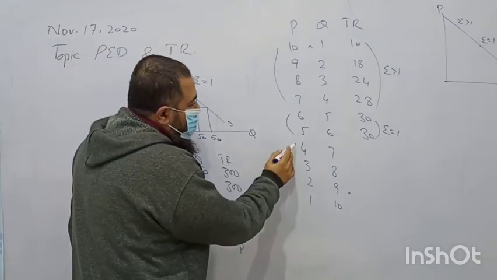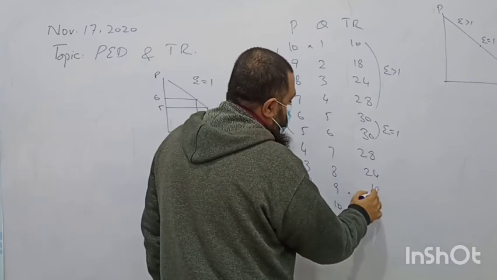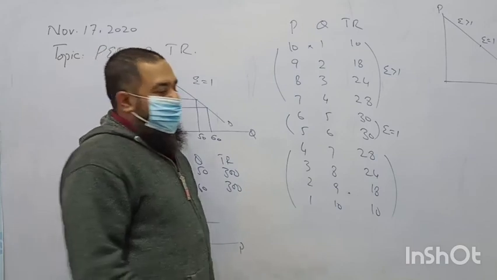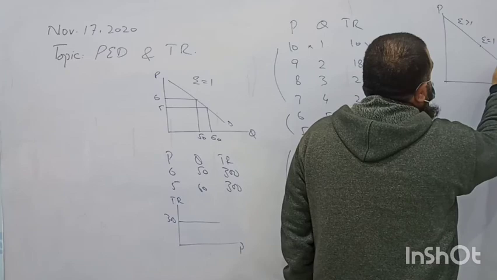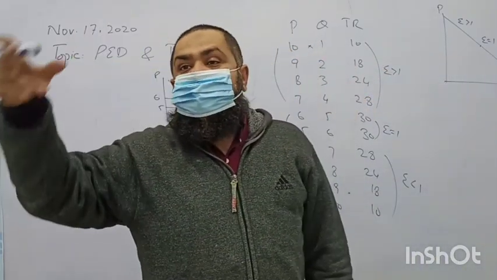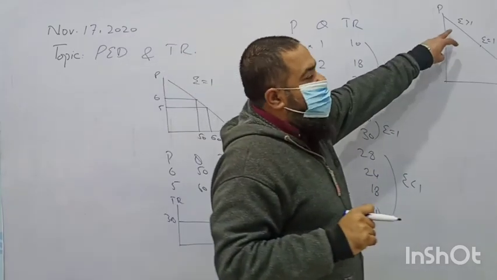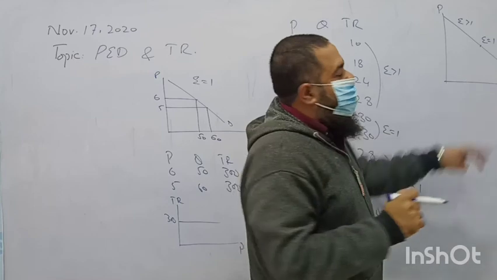And after this, as price is falling, you can say 28, 24, 18 and 10. Now revenue is decreasing. So it is the inelastic part of the demand. So one demand curve is having different values of elasticities. Upper part is elastic, middle is unitary, and below it is inelastic.